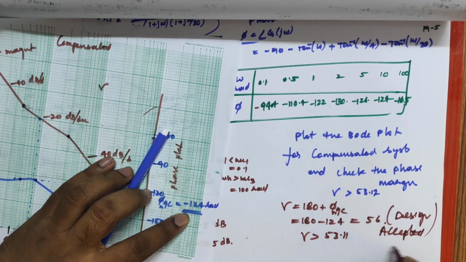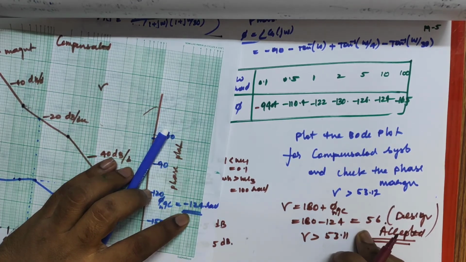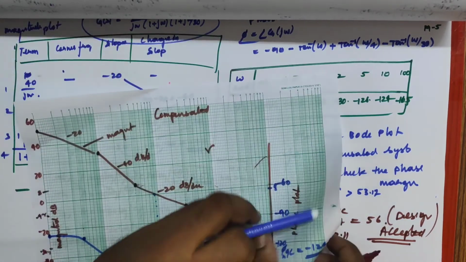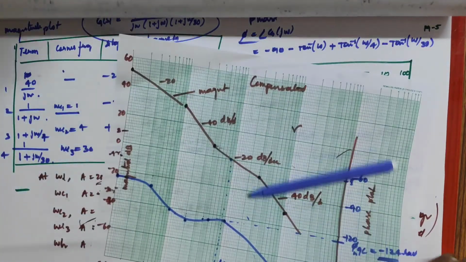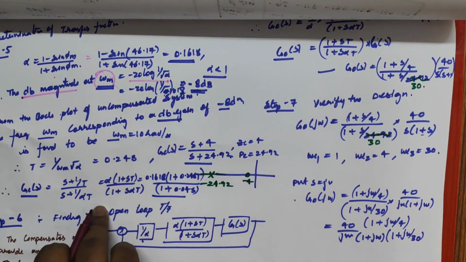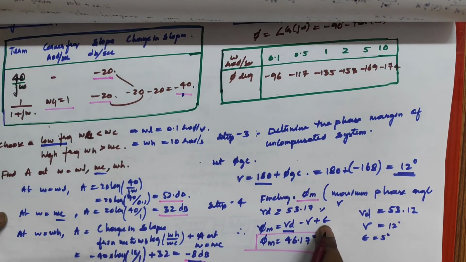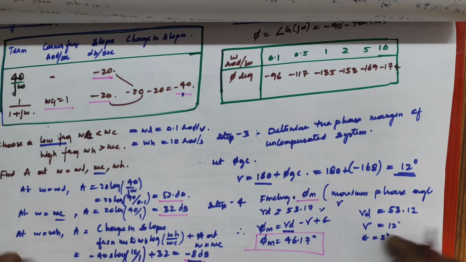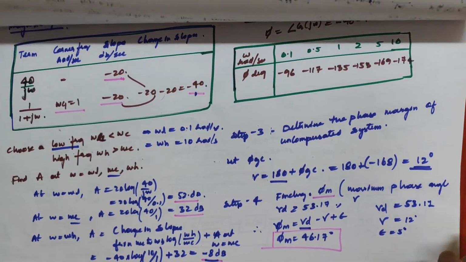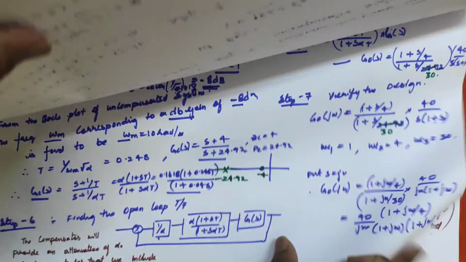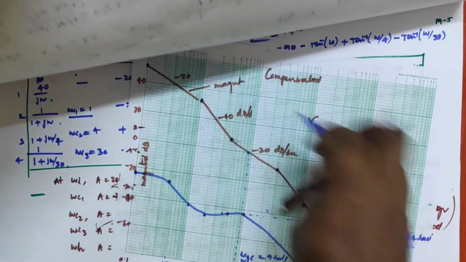If this is not accepted, then we'll have to continue from the second, fourth part, where we have to additionally incorporate 5 degrees.